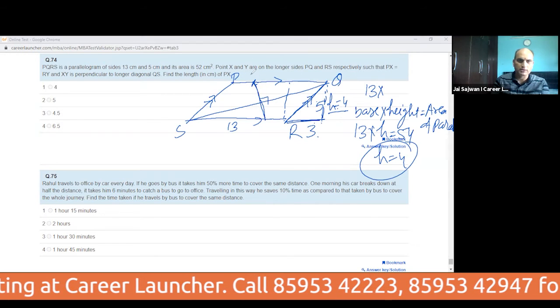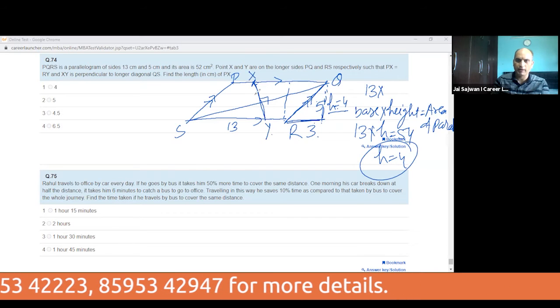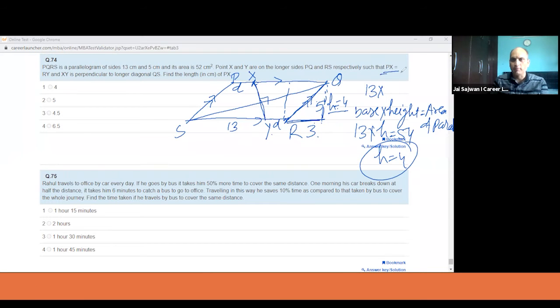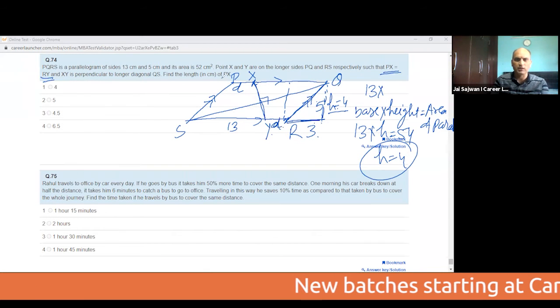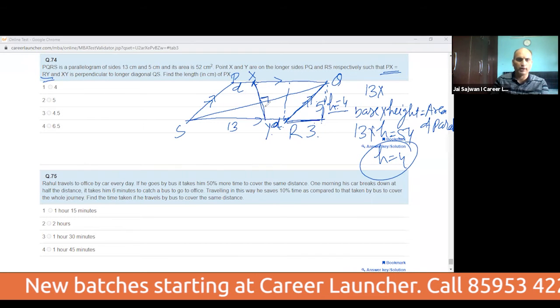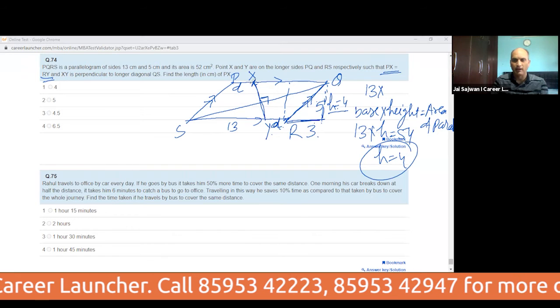X is on the longer side, Y is coming here. This is d, this one is also d. Is it fine? Both of their lengths are the same because PX is equal to RY, that is what is given. XY is perpendicular to QS. Find the length of PX. PX की length क्या है?